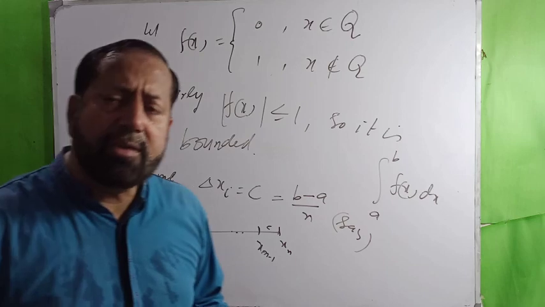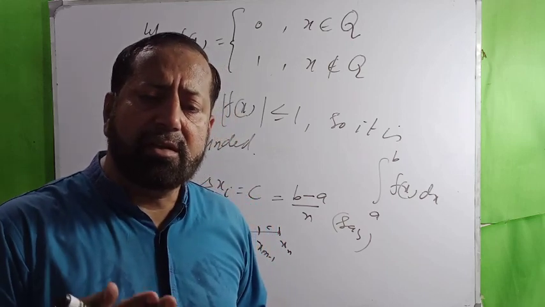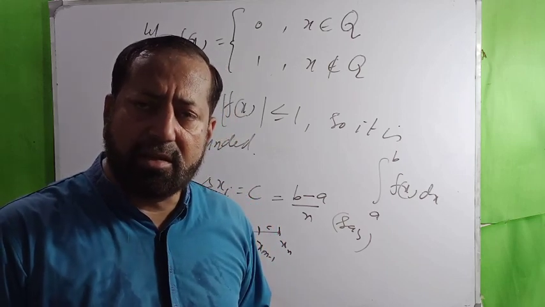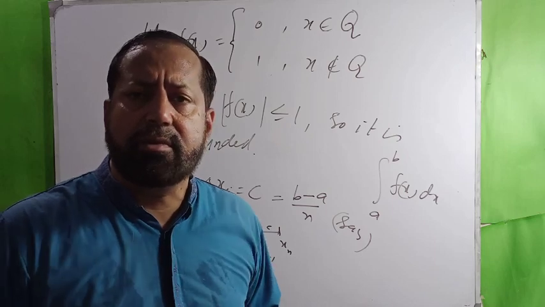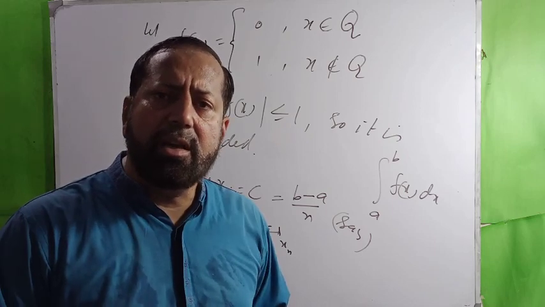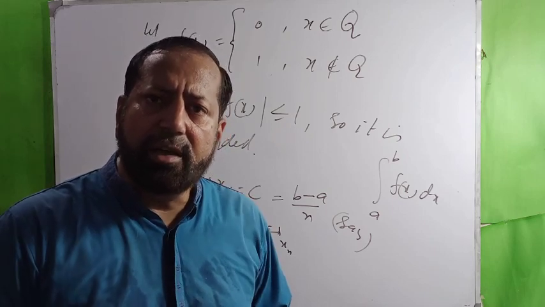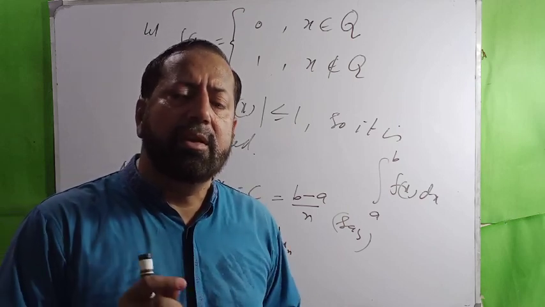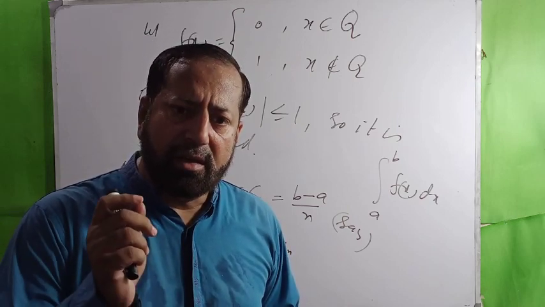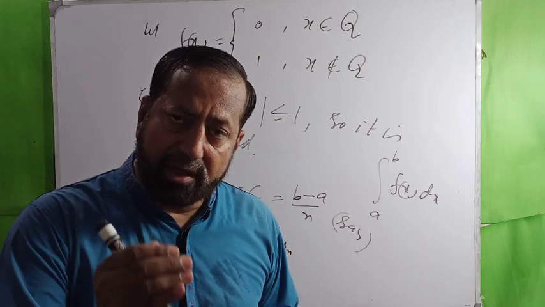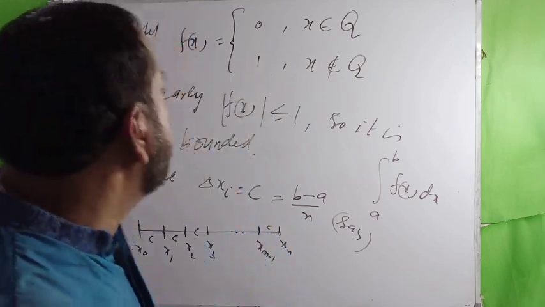For the sake of convenience, because we want a counterexample against the concept, you are free to choose any interval, any partition, and any example. No problem. We want to give an example against the generalization of the concept, right?